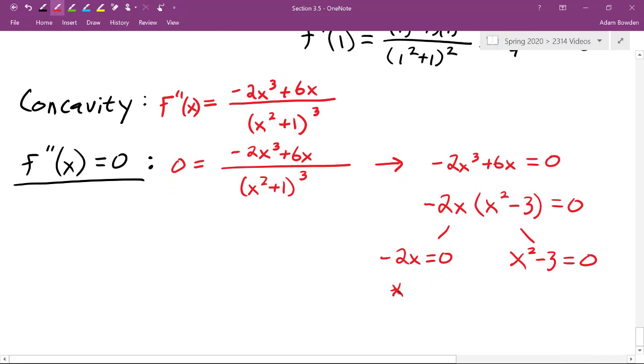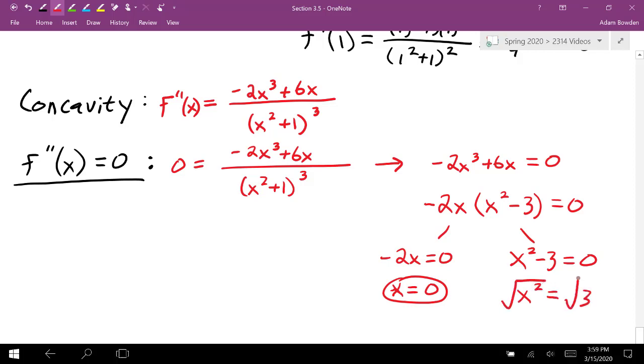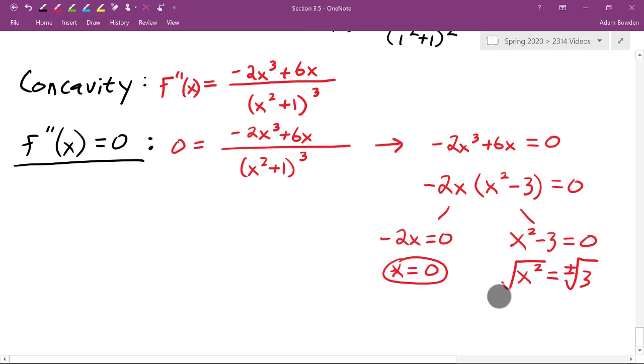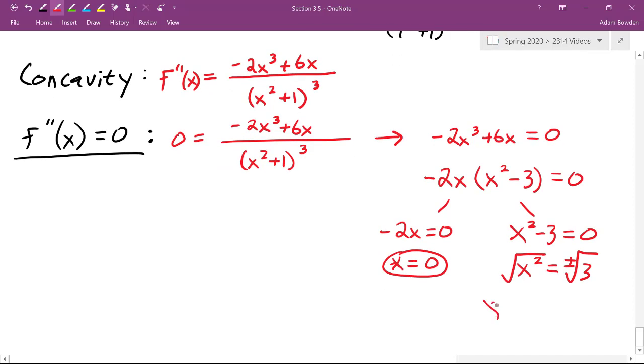What we'll get is x equal to 0, and over here when we add the 3, we can then think about the square root, because it's now a positive 3. So we're going to get negative square root 3 and positive square root 3. So we have three different numbers now to look at for the second derivative.